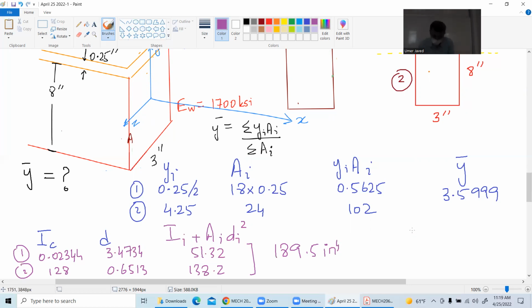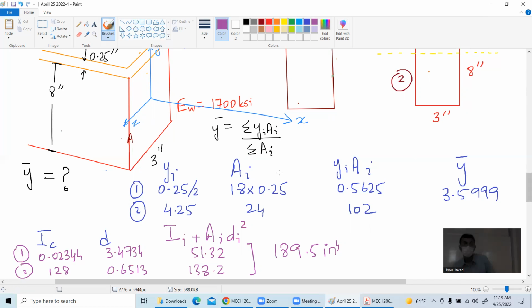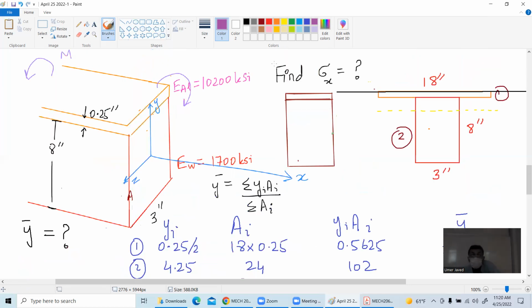So just tell me if it's clear or not. I don't think it is, so let me explain this to everyone. This is how I proceed. If I have to go 3.6 inches from here, 3.5996 inches, then the center of this piece is sitting at 4.25 inches from this end.